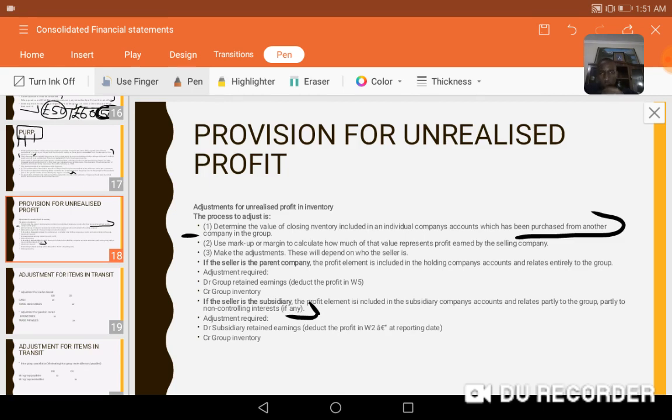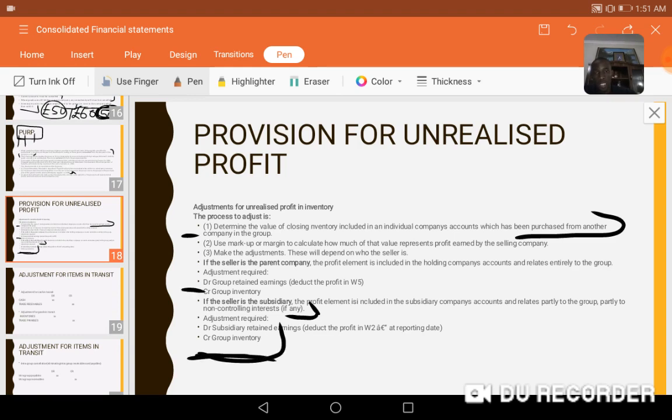So we will debit subsidiary retained earnings, deducting the profit in working 2. Remember, working 2 here is net assets. Then you credit group inventory.